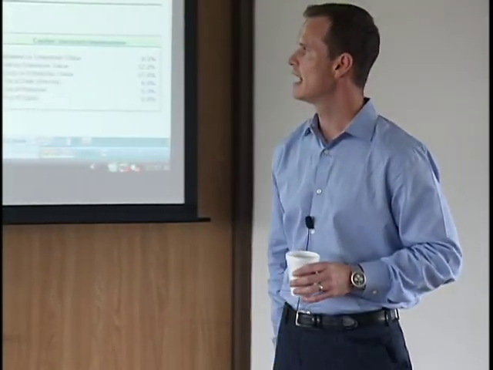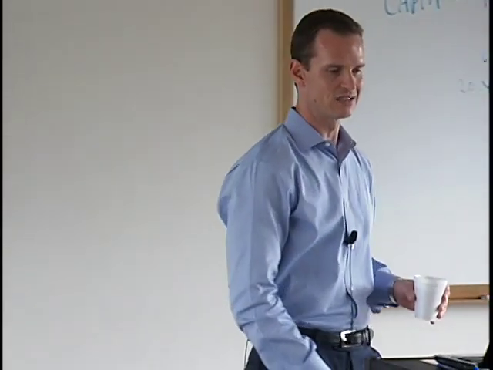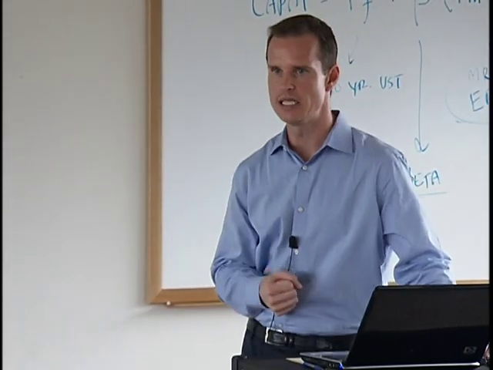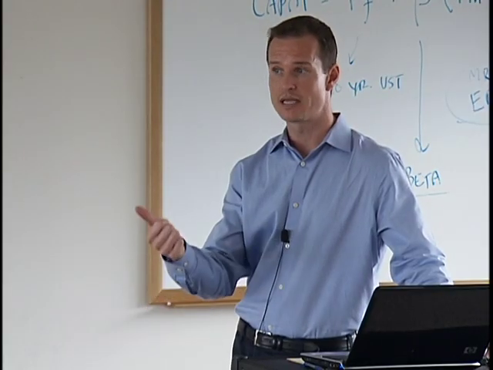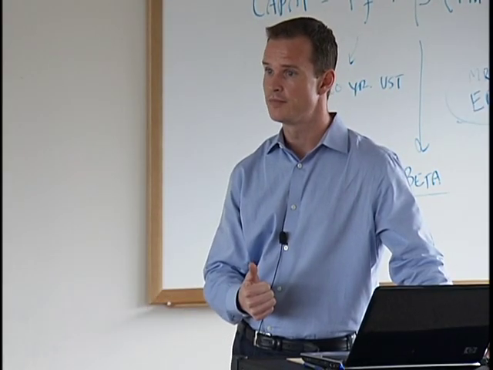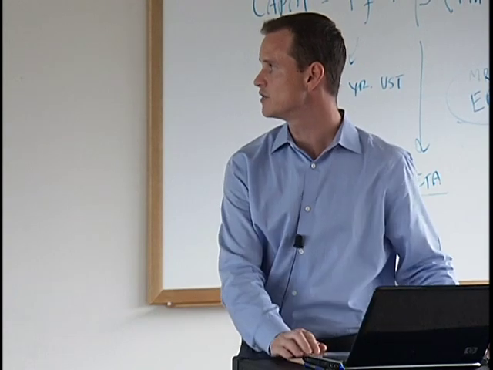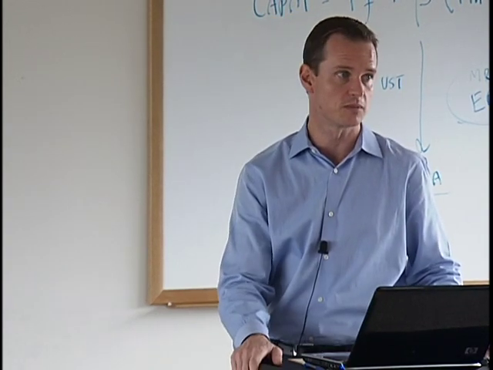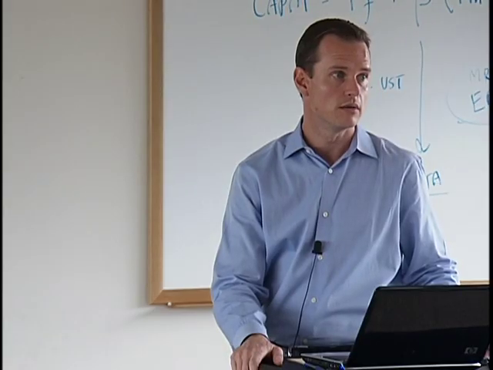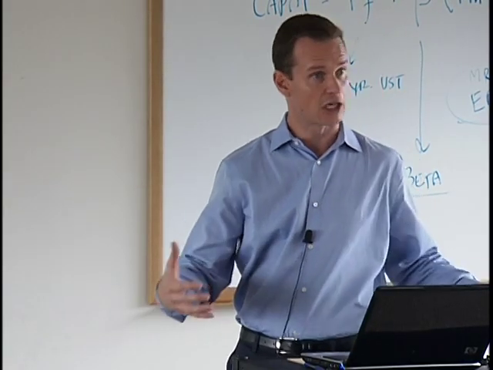So we relever that, we get our levered beta of 0.61. Now we've got everything we need to calculate our cost of equity using CAPM. And then in this case, for company A, we're just assuming a cost of debt of 6%. Right? Maybe it's higher, whatever it actually is.